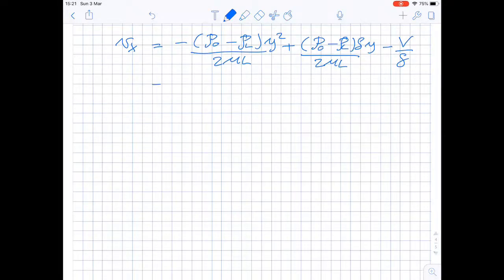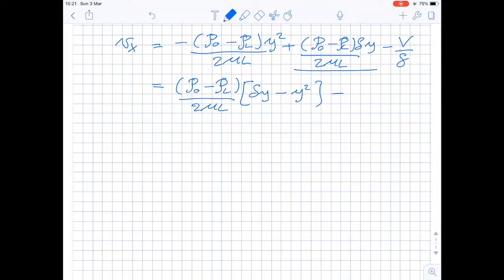Alright, the rest is supposed to be cleaning up the equation. So if we take a common term over 2 mu L, just take this term up front, then you have delta times y subtracted by y squared from the first term, subtracted by V over delta.